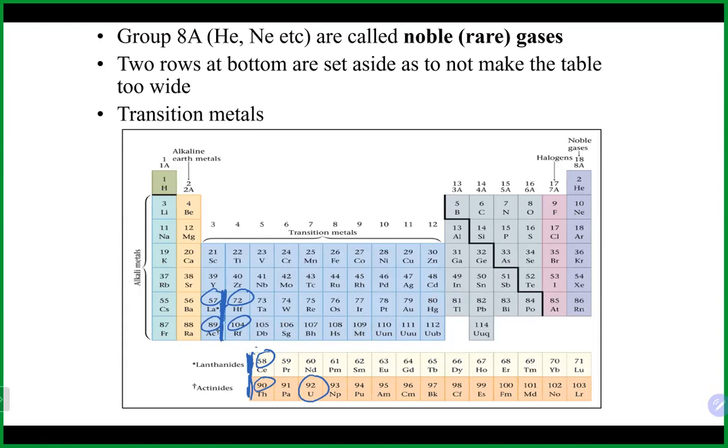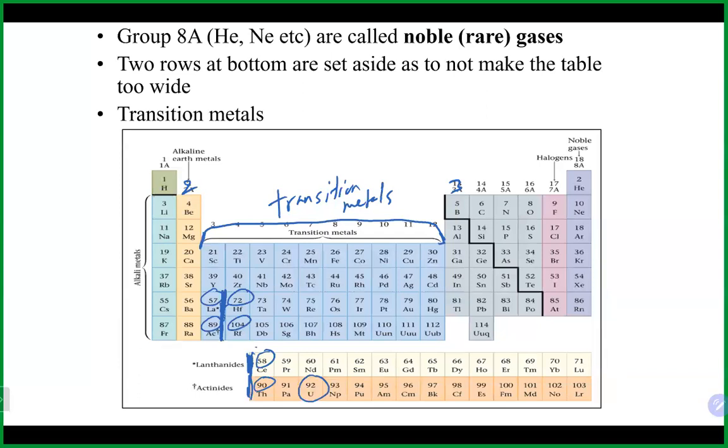Now, between group number 2 and group number 3, which is right about here, everything in this region is our transition metal region. And transition metals are metals that, for the most part, can form multiple types of charges.